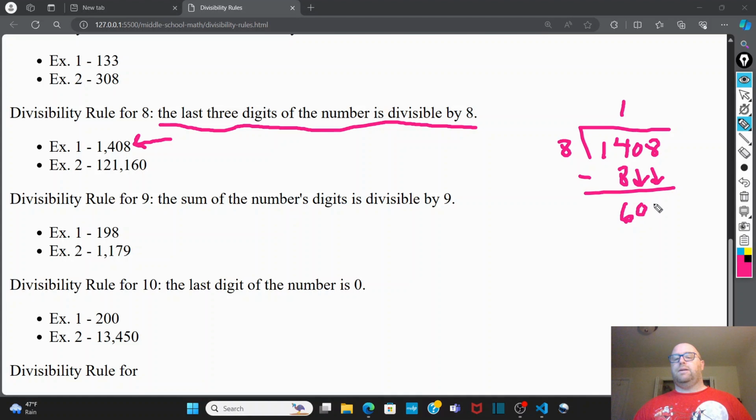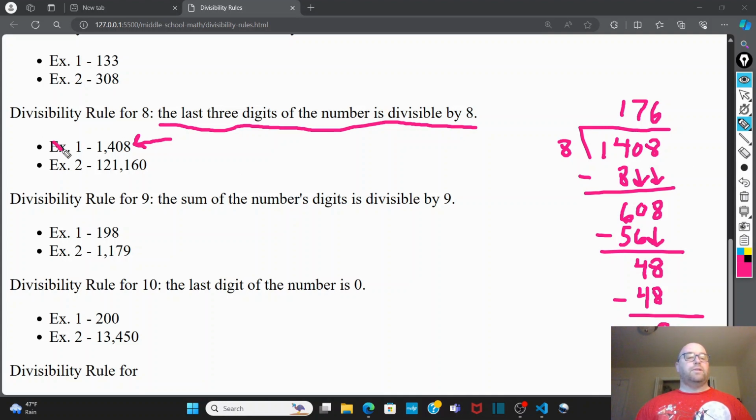Bring down the 8. 8 goes into 60 7 times. 7 times 8 is 56. 60 minus 56 is 4. Bring down the 8. 8 goes into 48 6 times. 6 times 8 is 48. 48 minus 48 is 0. Remainder of 0. So example 1 checks.